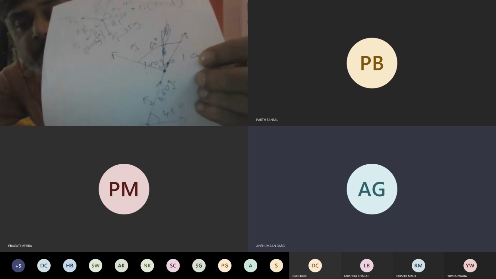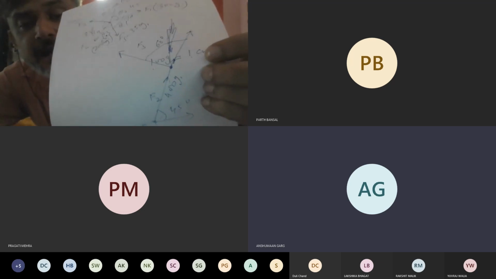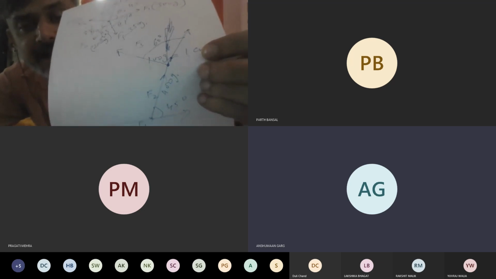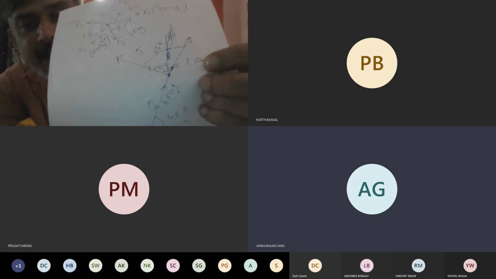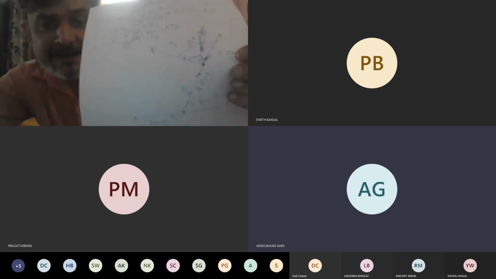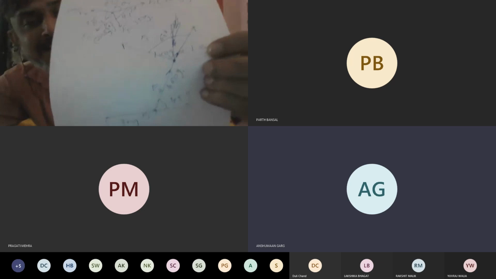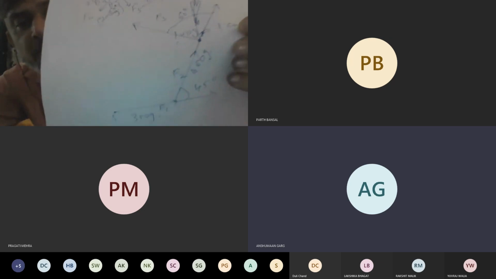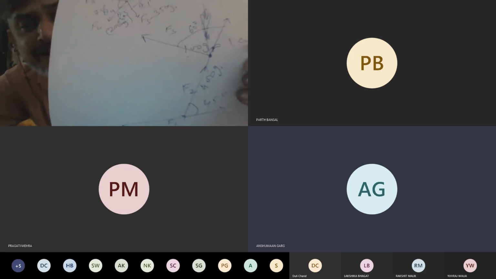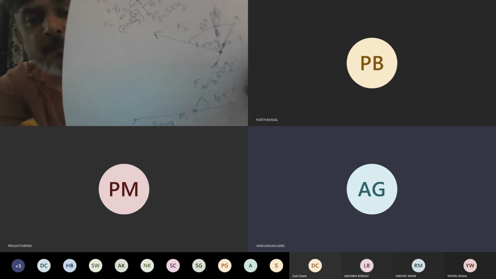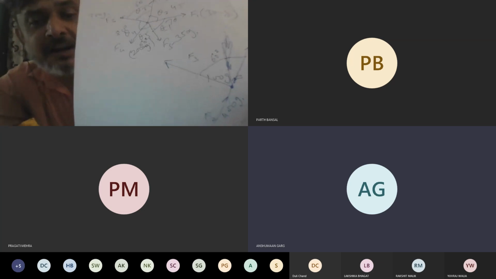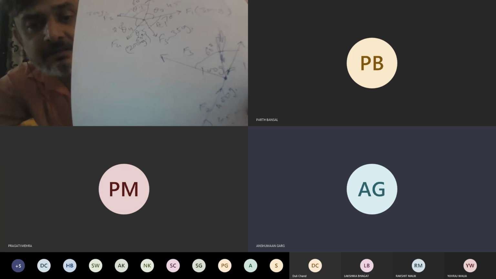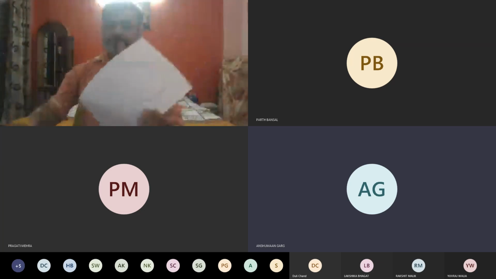Now, from this F2, extend it and draw a line at 60 degrees, and mark the magnitude of this force, 300 grams. Okay, understood, son? Yes, sir.